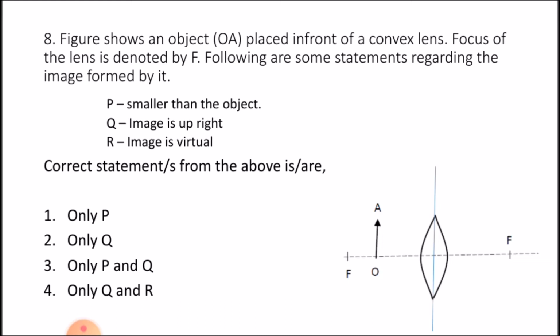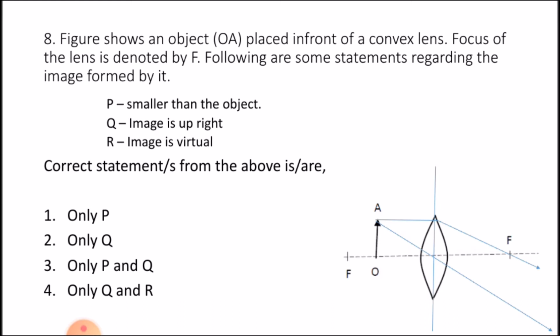And if a light ray travels through the optical center of a lens, it won't undergo any refraction, and it will pass without any deviation. So if we consider these two facts, we can draw the ray diagram like this.